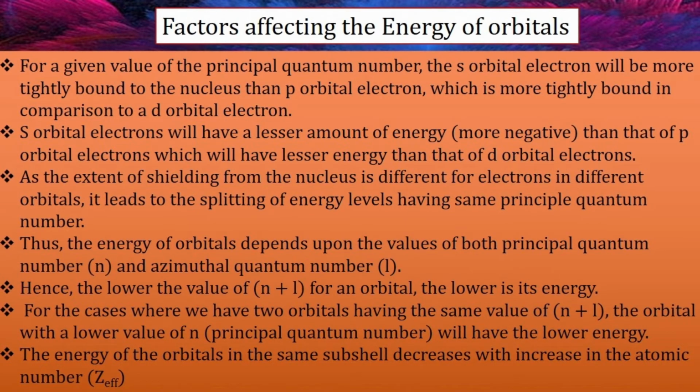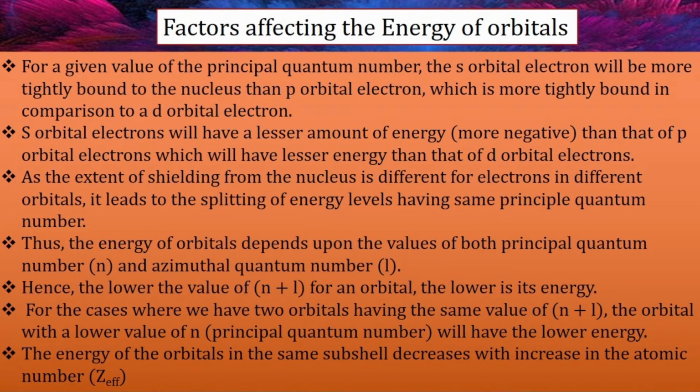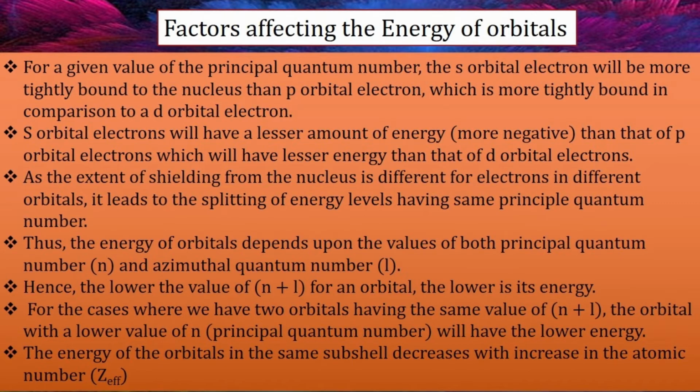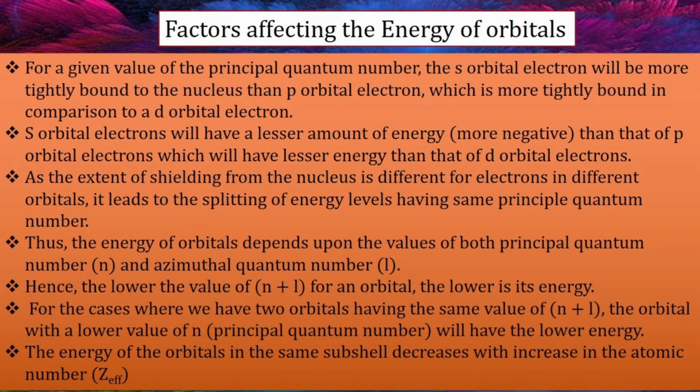Thus, the energy of different orbitals will increase as s, p and d. If you consider the s orbital electron, it will be more tightly held to the nucleus as compared to the p orbital electron, which is more tightly held than a d orbital electron, all having the same principal quantum number n.